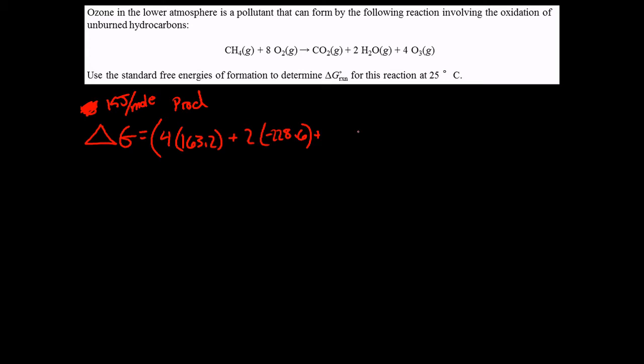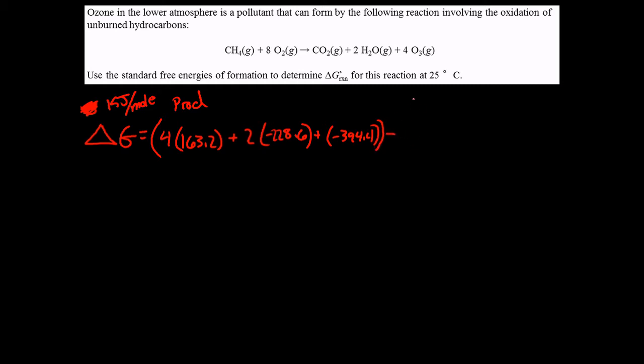And then I'm going to add to that 1 times the number for CO2. So I'm just going to leave the 1 out. So CO2 in the gas phase, if I flip over to carbon, CO2, where are you? There you are. Okay. So CO2 in the gas phase, negative 394.4. Alright, so those are our products.